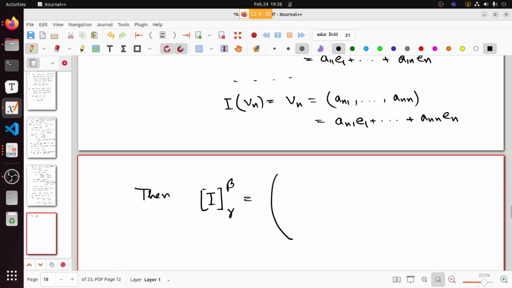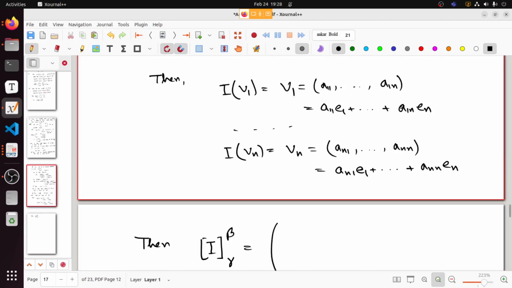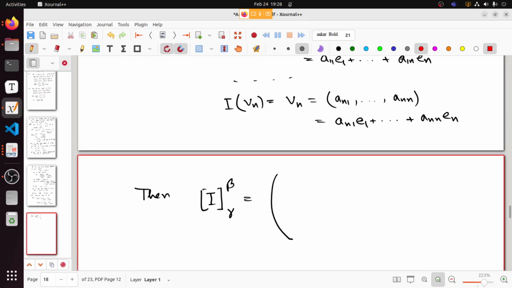So it will be a11 ... a1n in the first column, and similarly, the last column will be an1 ... ann. So this is the matrix.